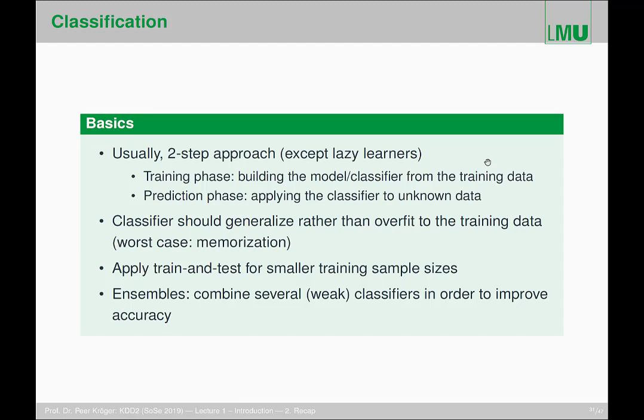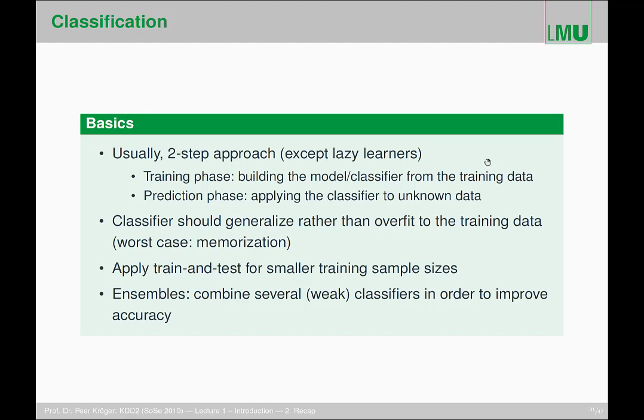And in KDD1 we also talked about ensembles, where we combine several weak classifiers in order to improve the accuracy. That probably makes sense because all those different classifiers have different assumptions on the characteristics. Some may be better for a given scenario or a given subset of training data, of samples, and some may be better for another subset of the data.